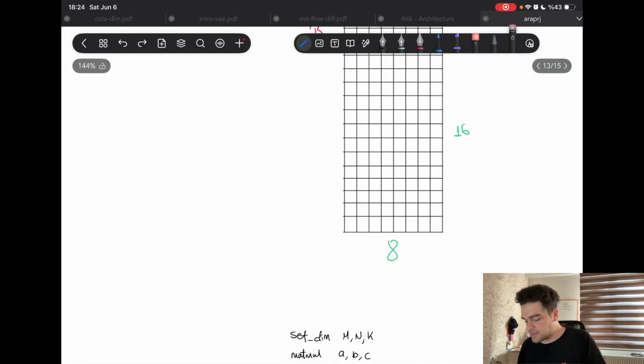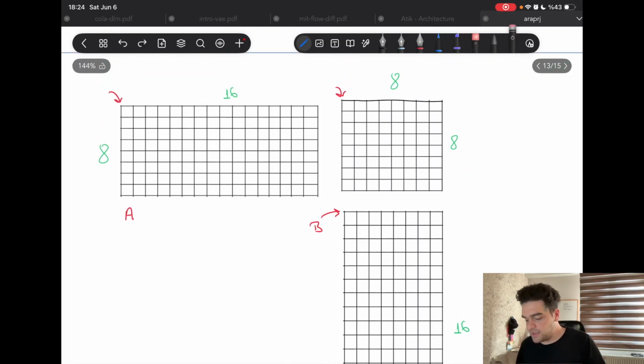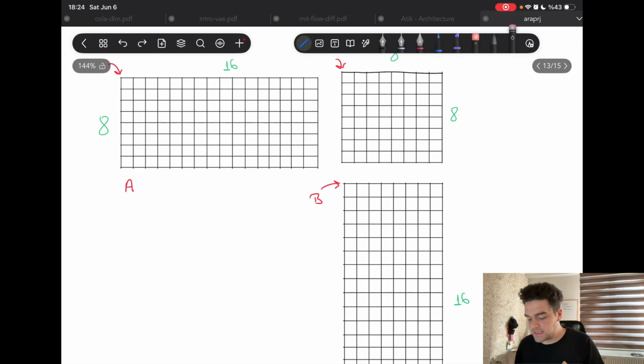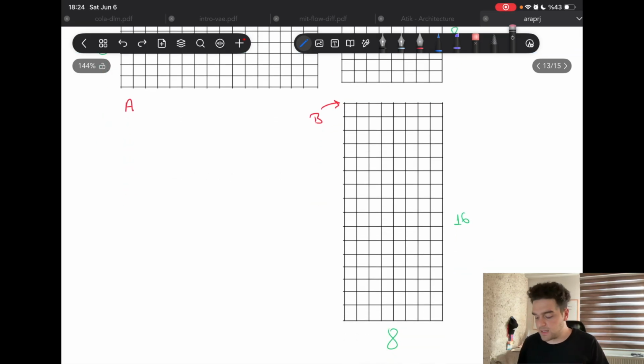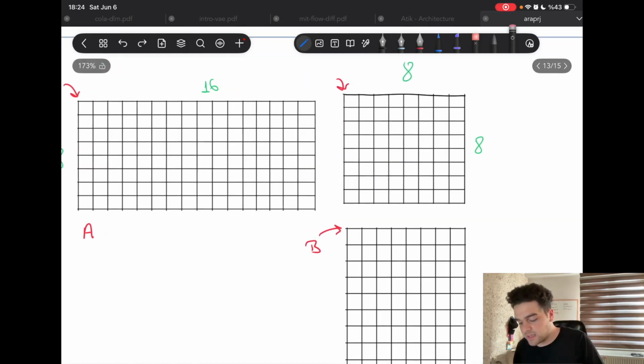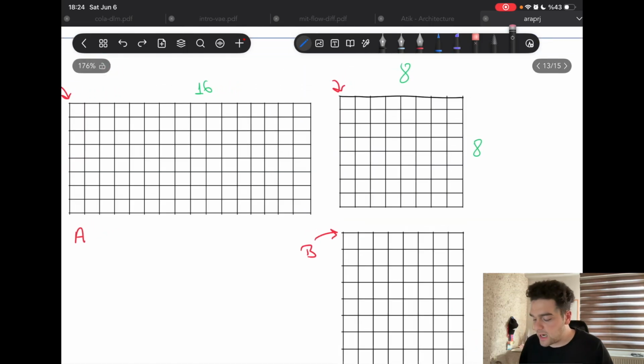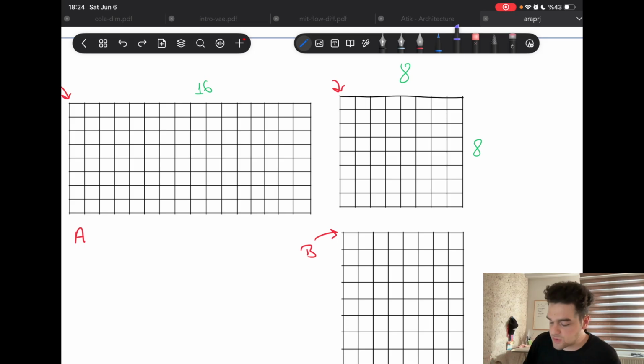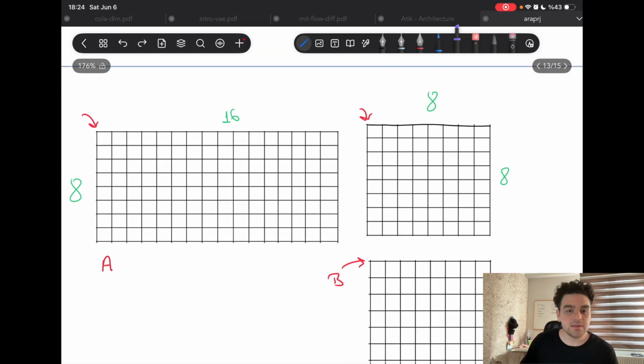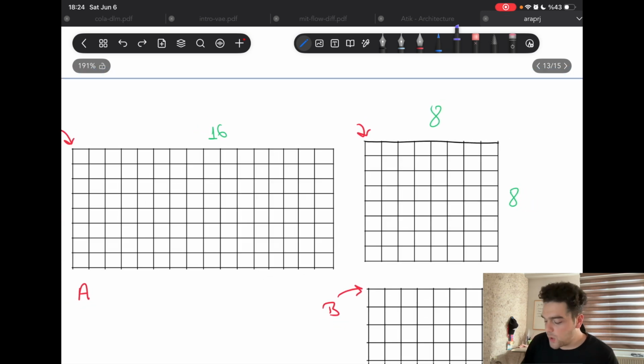So let's take an example. Right here we will have an 8 by 16 matrix, which is multiplied by a 16 by 8 matrix, which will result in an 8 by 8 matrix. And we are going to use a very small mesh, which is going to be 2 by 2. We can imagine that by using that small mesh, we will only be able to solve this part of the problem.